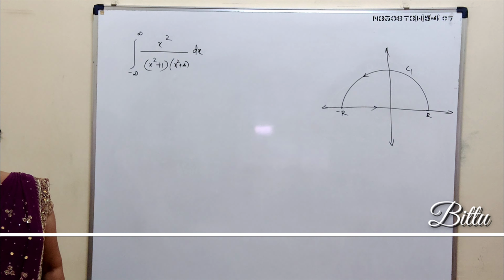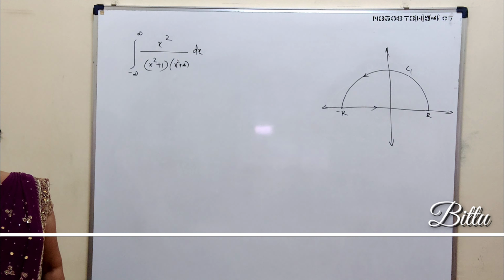So we keep f(x) as x square by (x square plus 1) into (x square plus 4). So f(z) is z square by (z square plus 1) into (z square plus 4). We can evaluate this integral by using residue theorem.